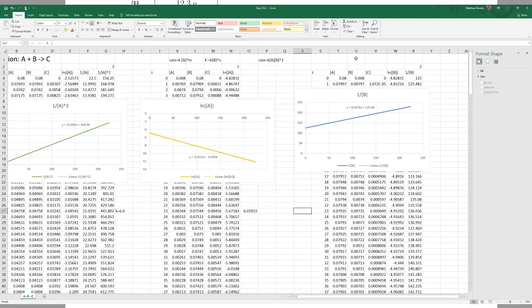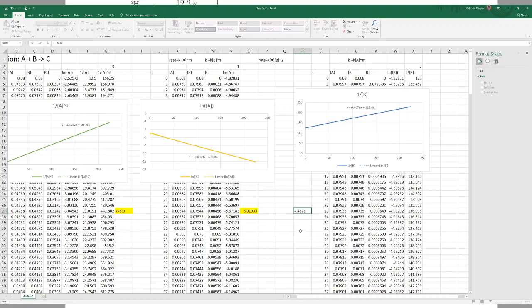Over here we have K prime is equal to K times the concentration of A raised to M. M now we know is equal to 1. So we can do a similar sort of trick here. We'll figure out K is going to be 0.4676.